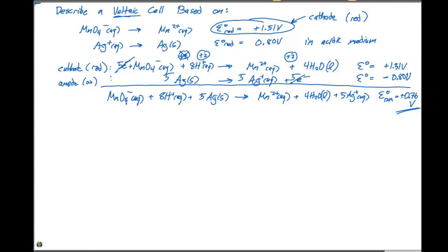If something is reduced, something else has to be simultaneously oxidized. So we'll come back to that point in a second. But this gives the overall balanced chemical equation given two particular half reactions.